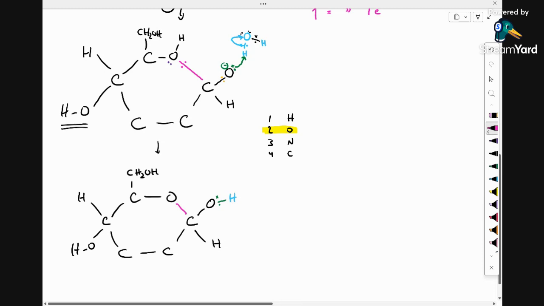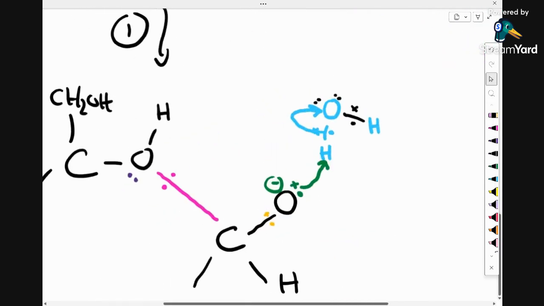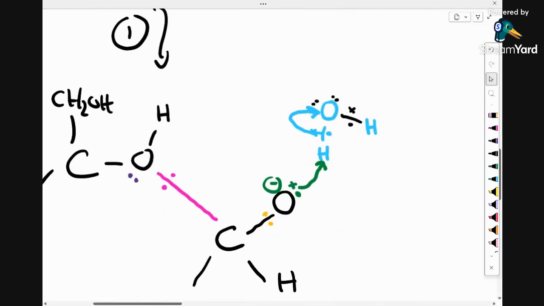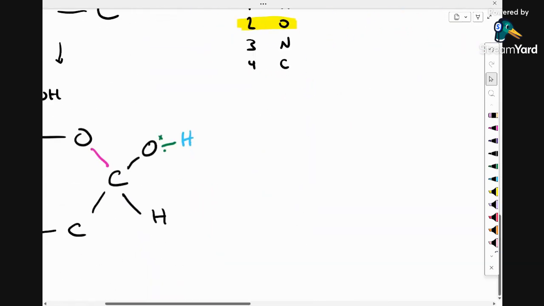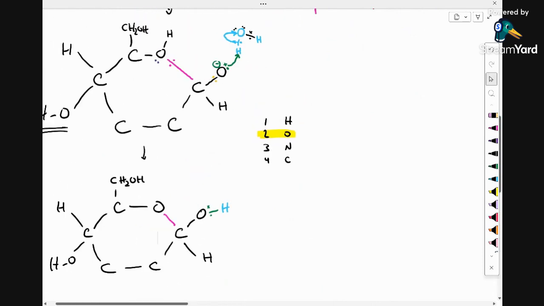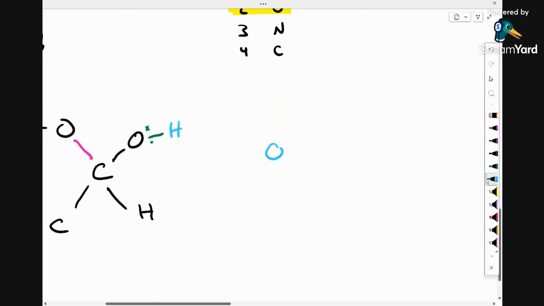So that is now the structure we have. We now need to deal with what's happened to the water up here. So just to recap, we've pulled a proton away and the electrons in that covalent bond have been given back to oxygen. Okay, so the water molecule now looks like this.